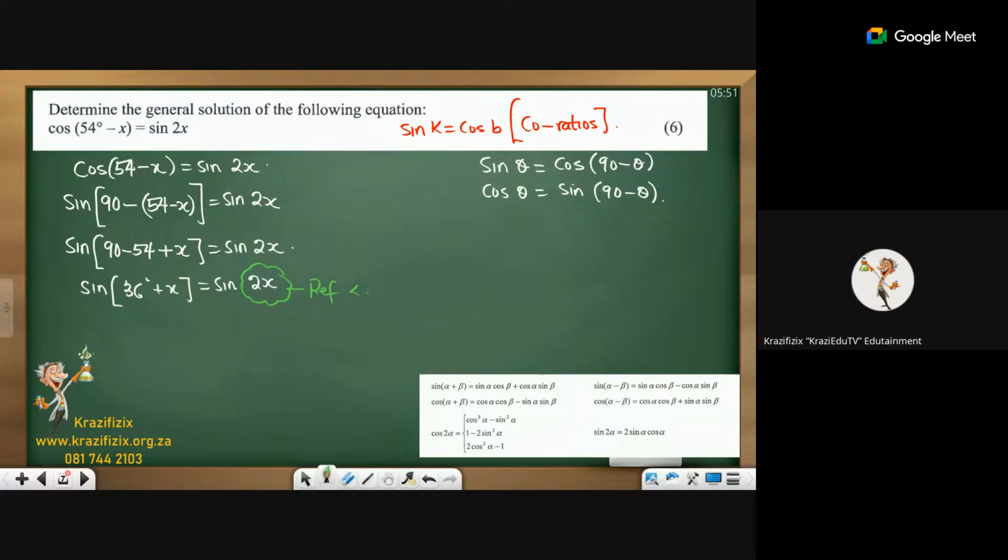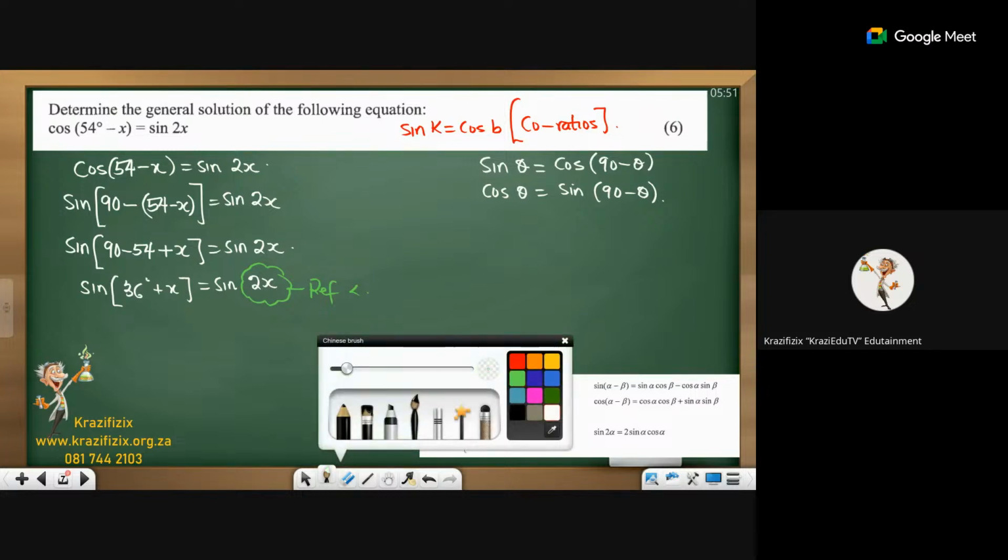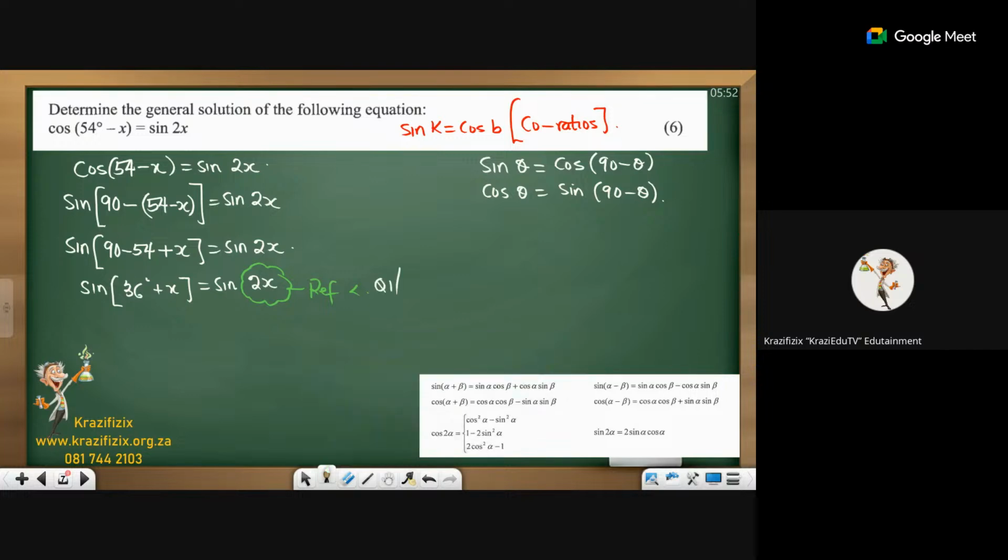Now we are dealing with a positive sine, right? It says positive sine 2x. Okay. We are therefore working in quadrant 1 and quadrant number 2. Remember, in quadrant 1, it is just the reference angle. In quadrant 2, it's 180 minus the reference angle. But this has become my reference. So, quadrant number 1, what am I solving for?